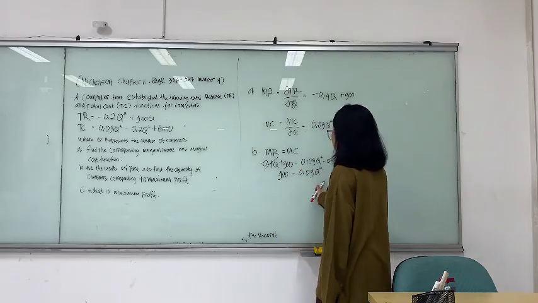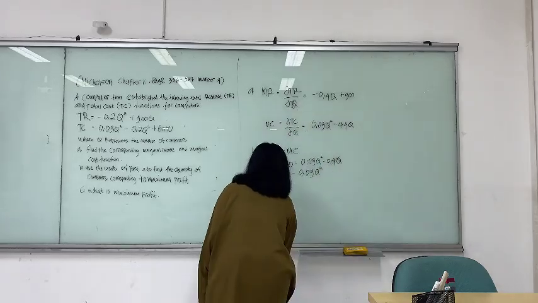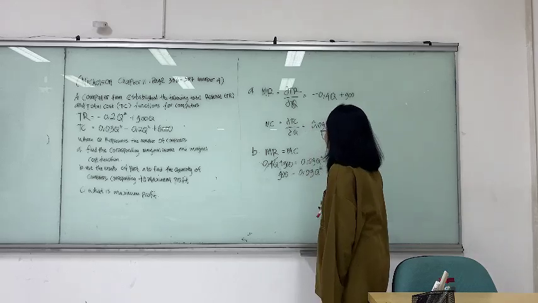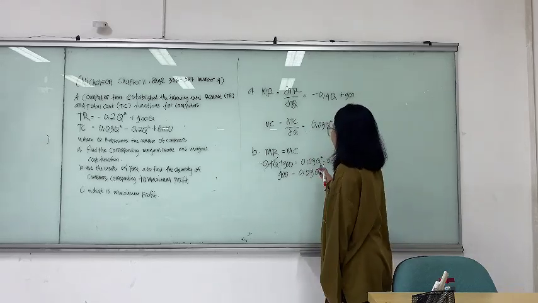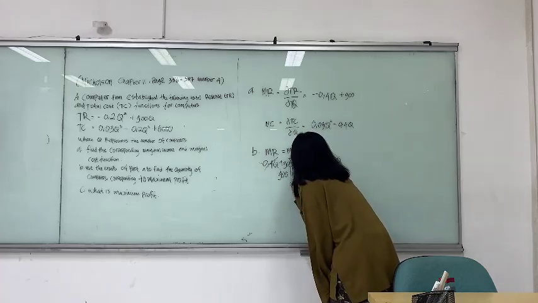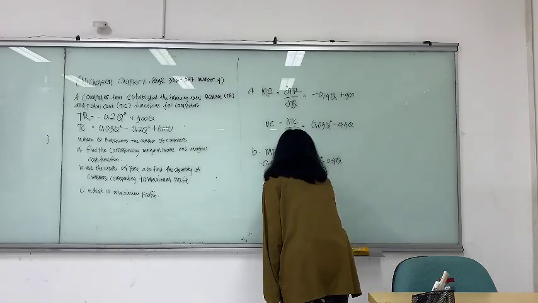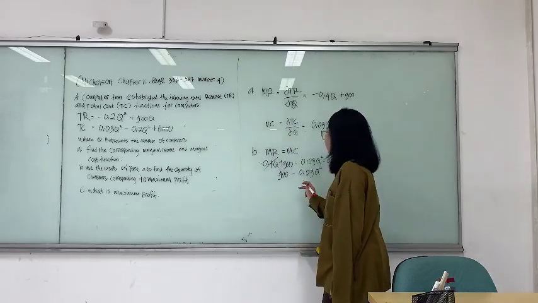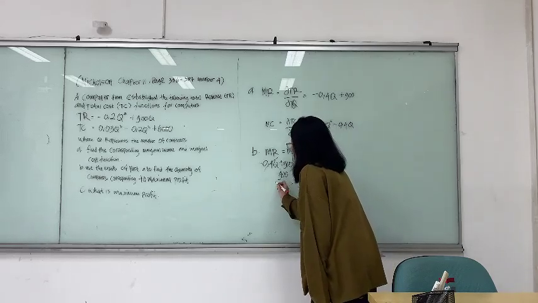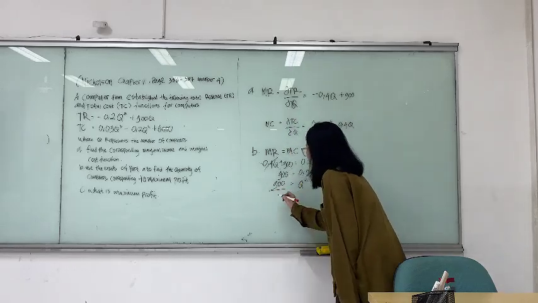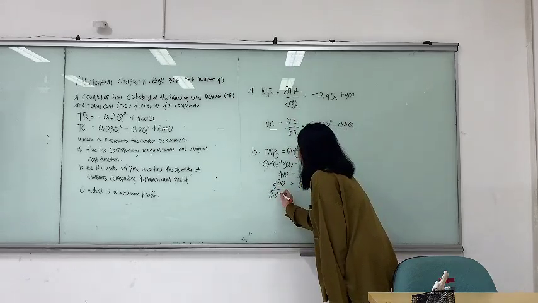So this is after this, we put the other side. So 900 divided by 0.09.